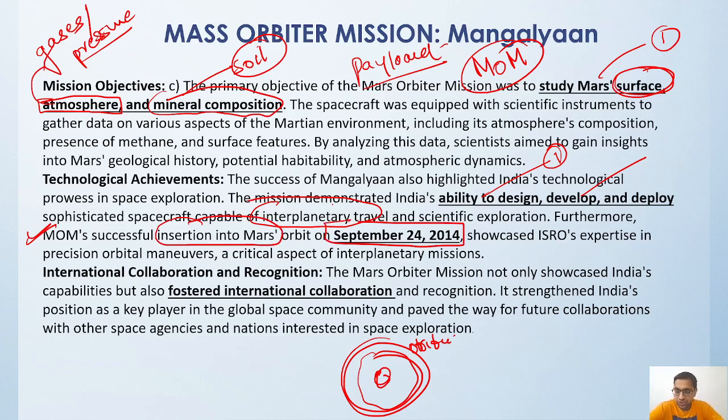This put ISRO into the limelight at that time, for how they defined their orbital maneuvers and the critical aspects of interplanetary missions. ISRO has shown a lot of technological know-how, and because of that ISRO is now getting offers for international collaboration in further interplanetary missions with various space agencies outside the country.